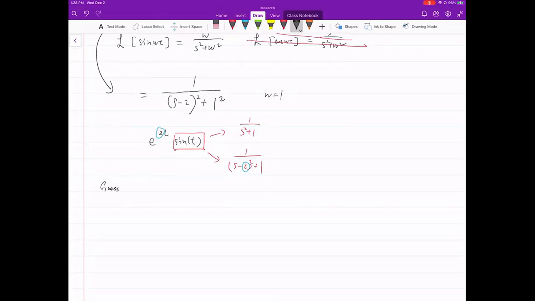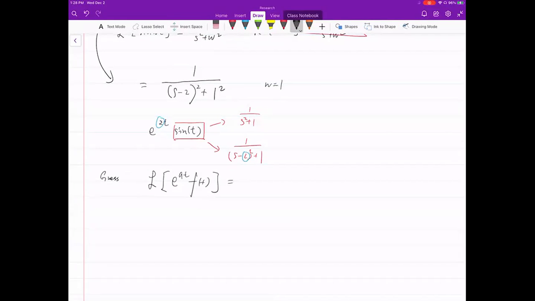My guess is if I have a function, and if I multiply it with an exponential, and then I take the Laplace transform, I will have the same Laplace transform, which is F(s), but the whole thing shifted by the exponential I just multiplied.